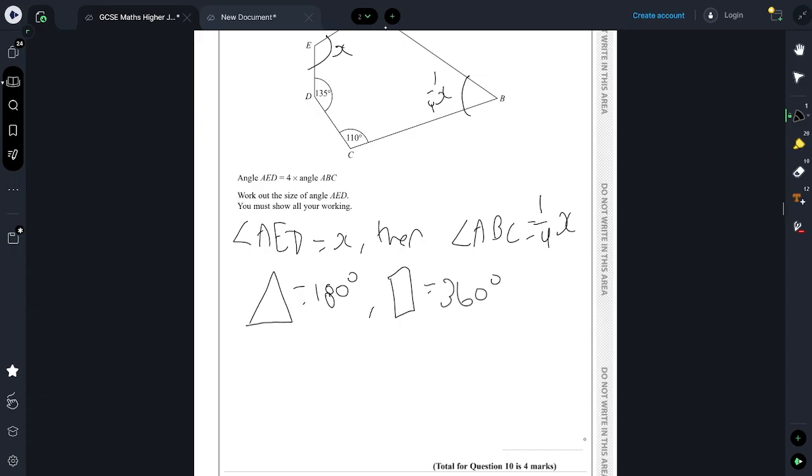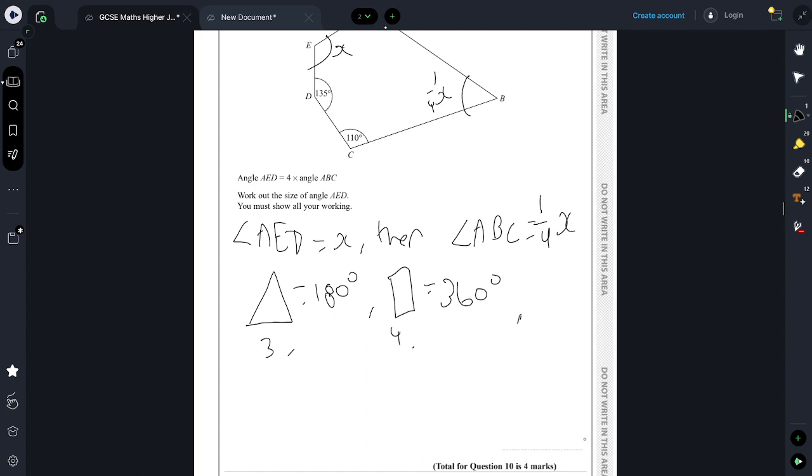Well, a pentagon is 5 sides, that's going to be next. So 3 sides, 4 sides, and then pentagon is 5. Follow this pattern on. We're going up in 180 each time. A pentagon is going to be another 180.